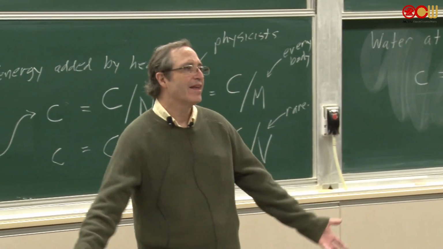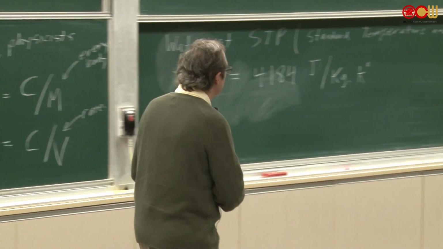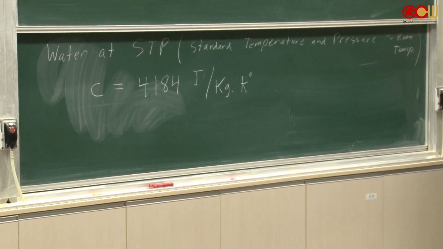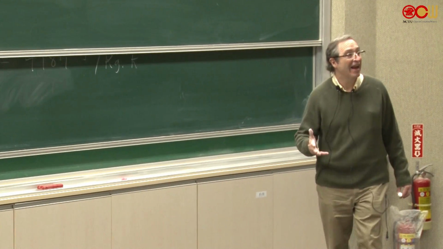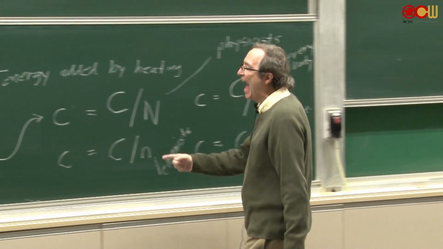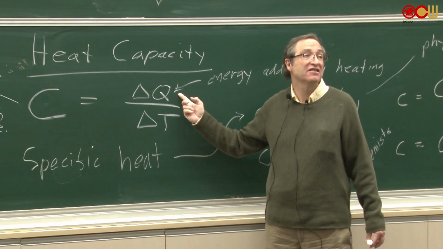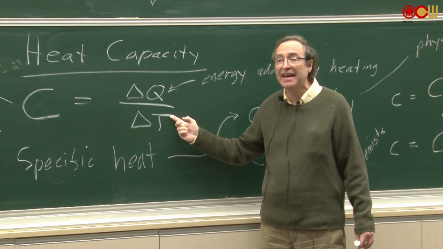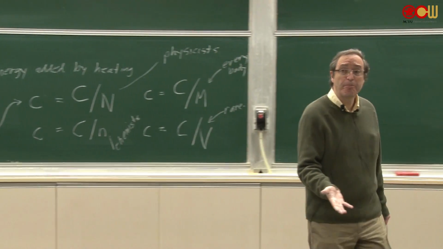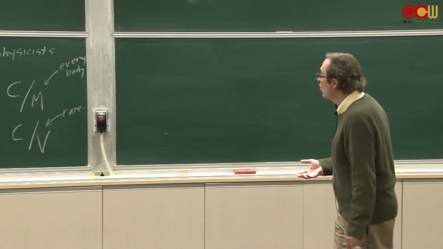What about for ideal gases? All right, so for an ideal gas, you have to worry about how the heat, the energy, is added. Is it added at constant volume, or is it added at constant pressure? All right, so one does a bunch of experiments, and one can work this out.